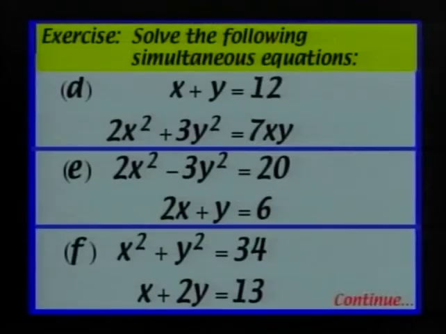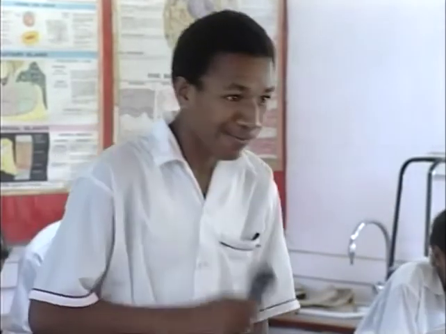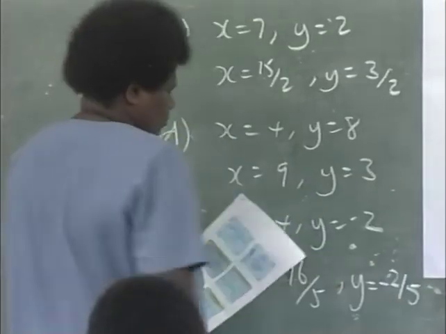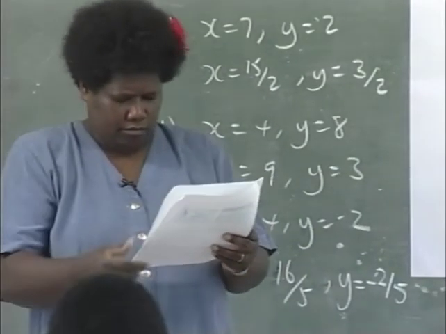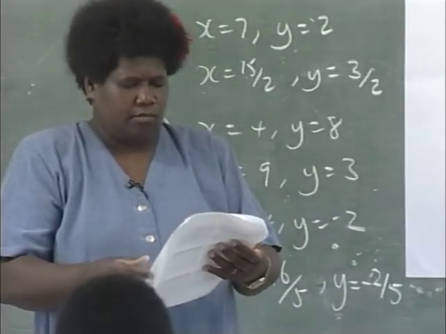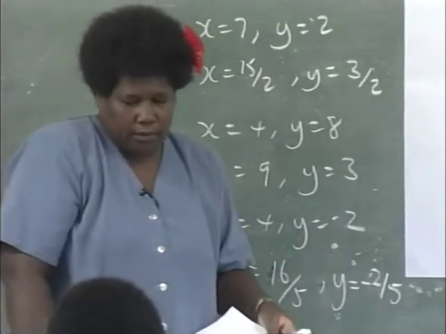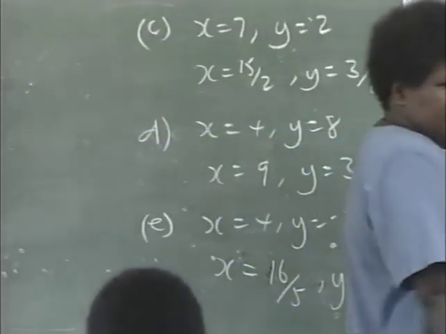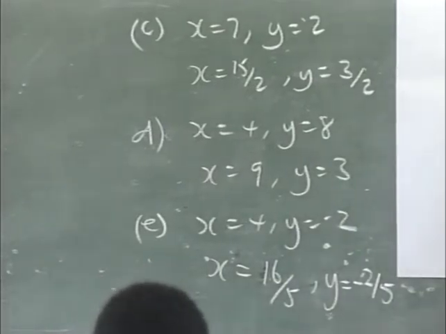All right, letter E. X is equal to 4, y is equal to negative 2, x is equal to 16 over 5, y is equal to negative 2/5. Okay, correct. All right, those are the answers for letters A, B, C, D, and E.